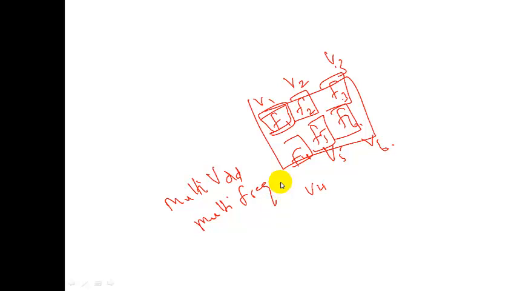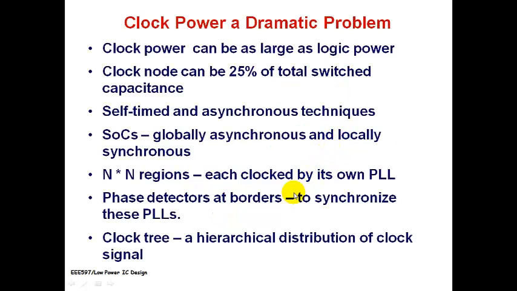Based on the particular job of each of these blocks, we would be identifying different power dissipation for each of them. Whichever is the very important part, go for working at a very high frequency. The remaining, go for working at lower frequency.